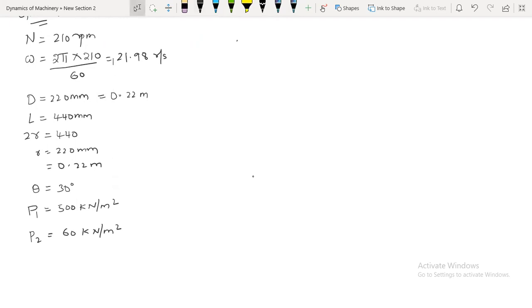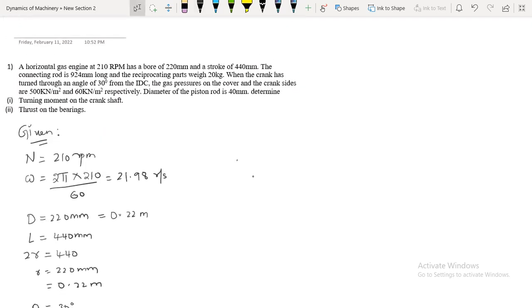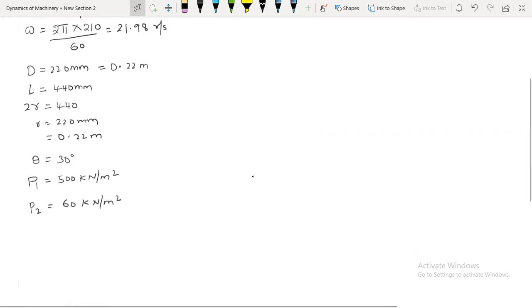Okay, and then the diameter of the piston rod is also given, which is 40 mm. So diameter of the piston rod, that is small d, is equals to 40 mm. So that means in meters it will be 0.04 meters, small d. So this is the given data.